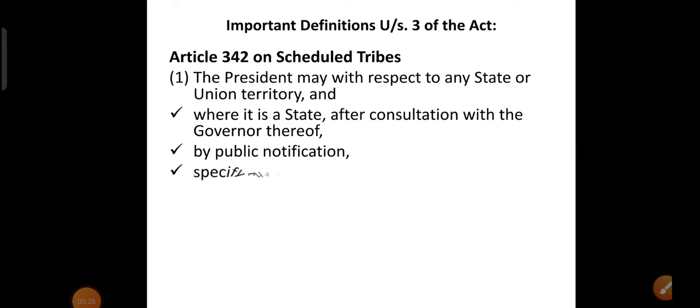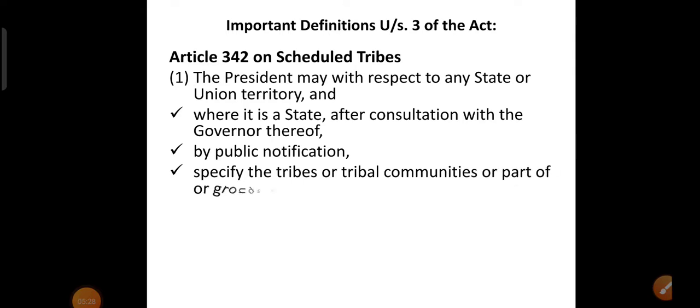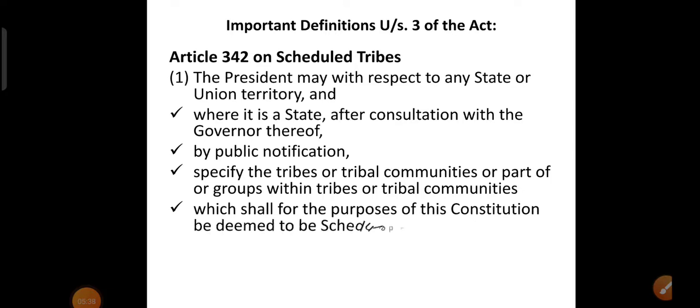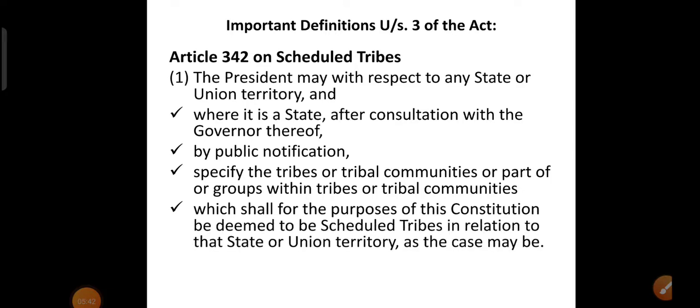By public notification, he will specify the tribes or tribal communities or part of or groups within such tribes or tribal communities which shall, for the purposes of this constitution, be deemed to be scheduled tribes in relation to that particular state or union territory, as the case may be.